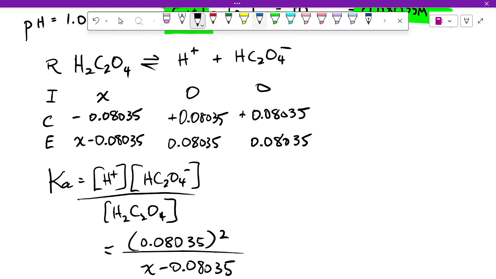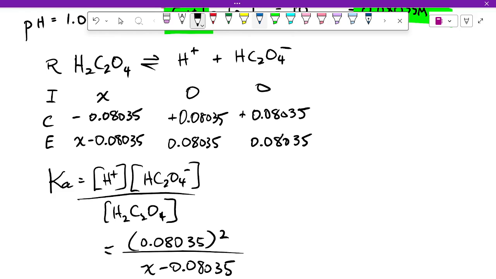Oh no, now I have Ka and I've got an x. What on earth do I do? I can't have two unknowns. No, the x can't be insignificant because that is our initial concentration of our acid. Do we look at our pink sheet?